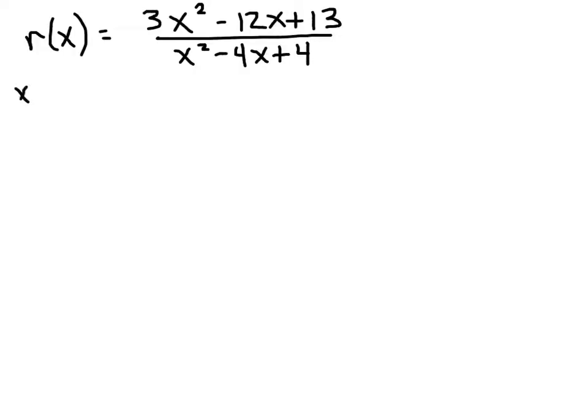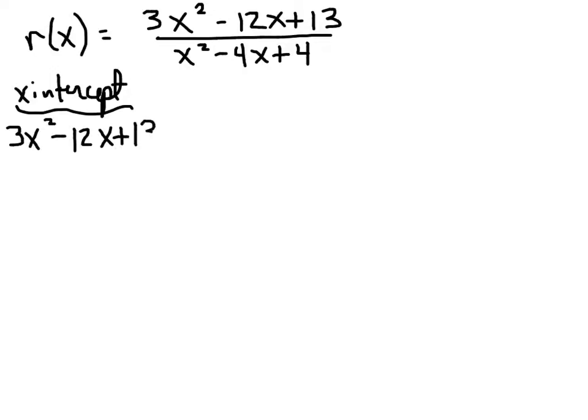So the first thing I'm going to do is my x-intercept. The x-intercept is where we set the top equal to 0 and try to solve it. So 3x squared minus 12x plus 13 equals 0. First of all, if I try to factor that, it does not factor.